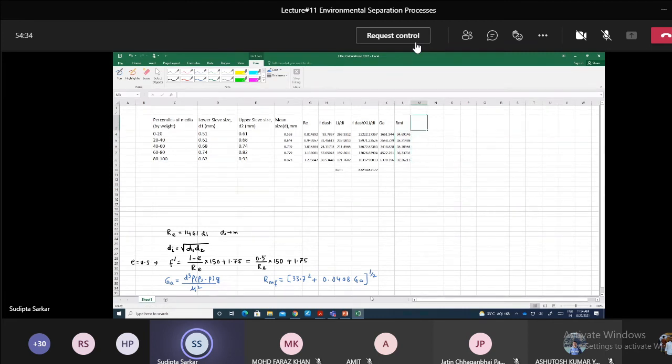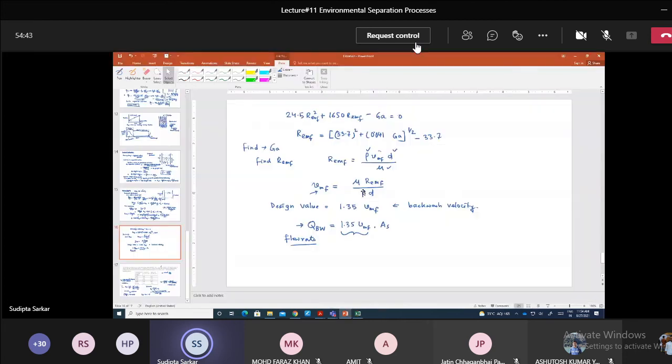Now we want to find out BMF. So let's see, BMF equals mu into RMF divided by rho divided by T. Okay.